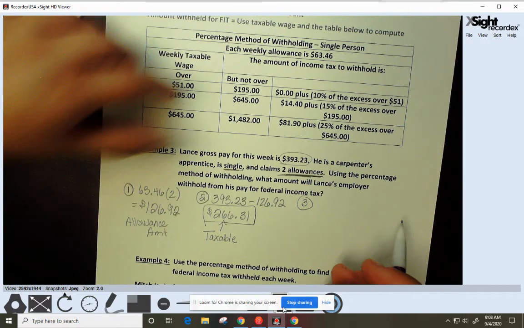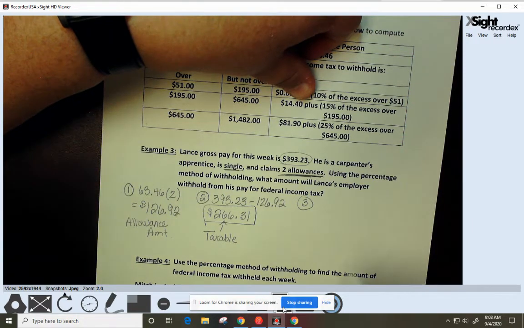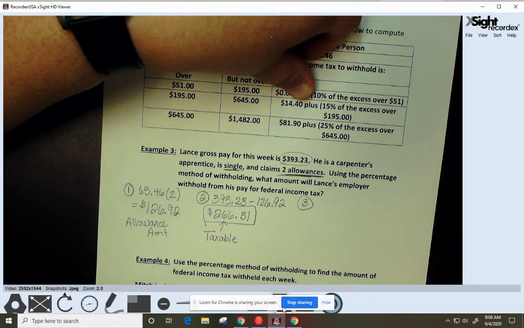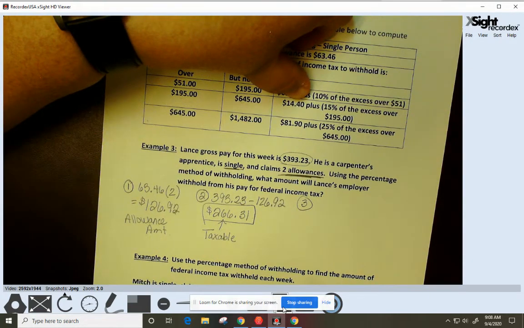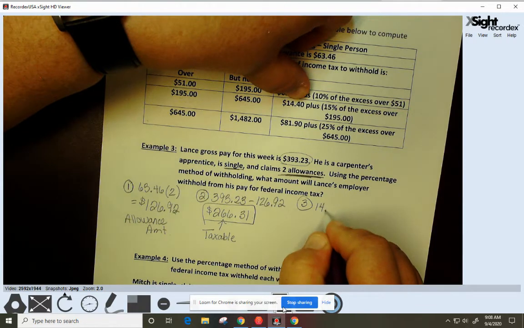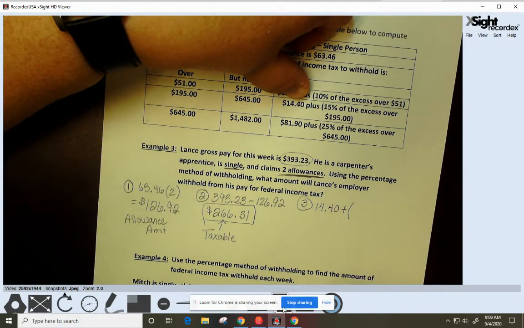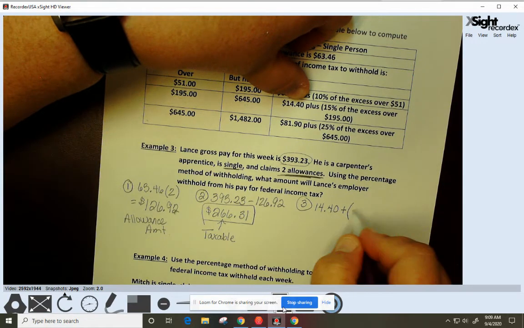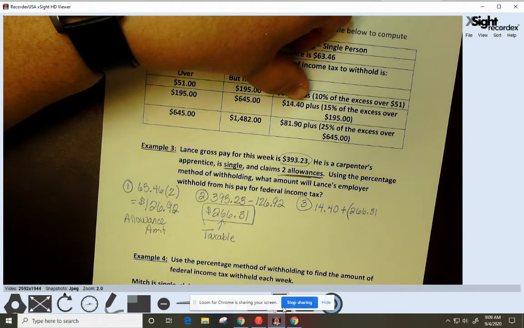So this is what we're going to do. I know everybody in this level has to pay $14.40. Nobody gets an option to that. So we're going to do $14.40 plus our $266, how much can be taxed on.